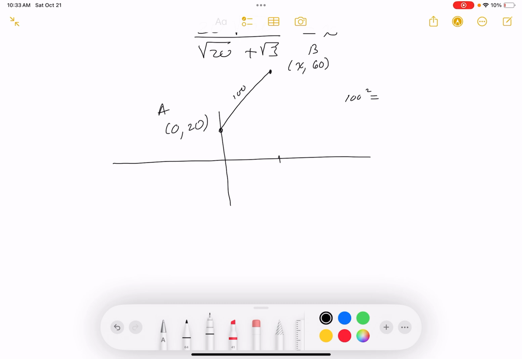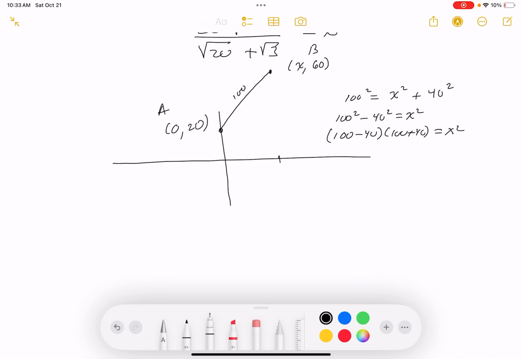So it's going to be x minus 0, which is x squared, plus, well, let's see, 60 minus 20, that's going to be 40 squared. And I'm going to say 100 squared minus 40 squared is equal to x squared. My arithmetic may look different than yours. I'm going to say 100 minus 40, 100 plus 40 equals x squared.